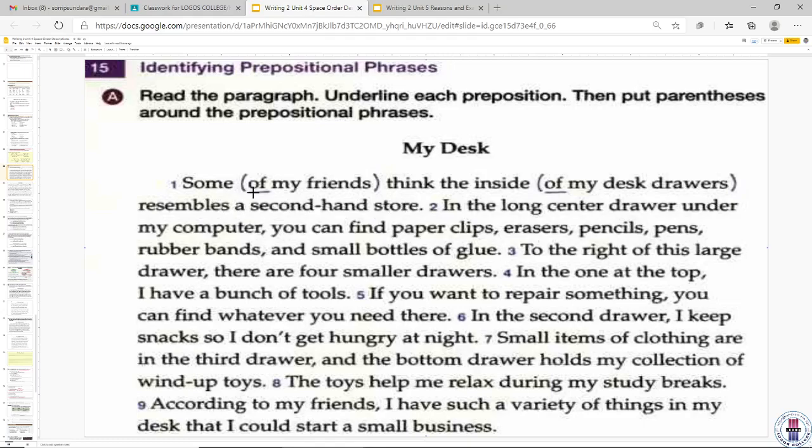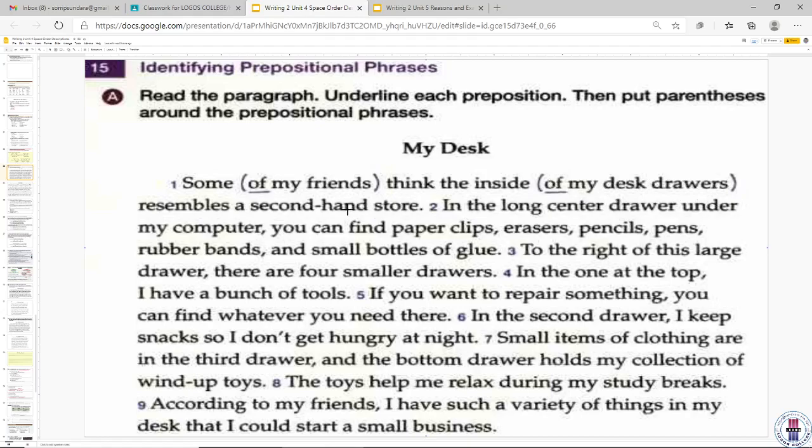First sentence, some of my friends think the inside of my desk drawers resembles a second-hand store. So first preposition is of, and then the phrase is then the object of what? My friends. Now you have to include all the words in between it. Second one, of my desk drawers. This is the object right here.